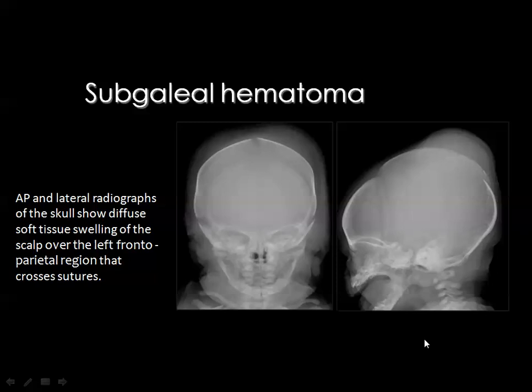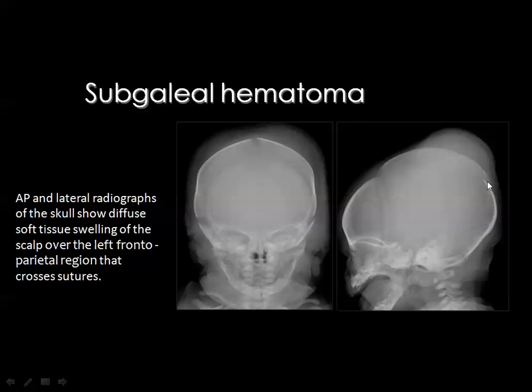And many times the skull trauma is associated with a collection of extracranial blood in the subgaleal area, which is known as the subgaleal hematoma. And this is, of course, different from the cephalhematoma, which occurs during delivery in cases of obstructed labor.